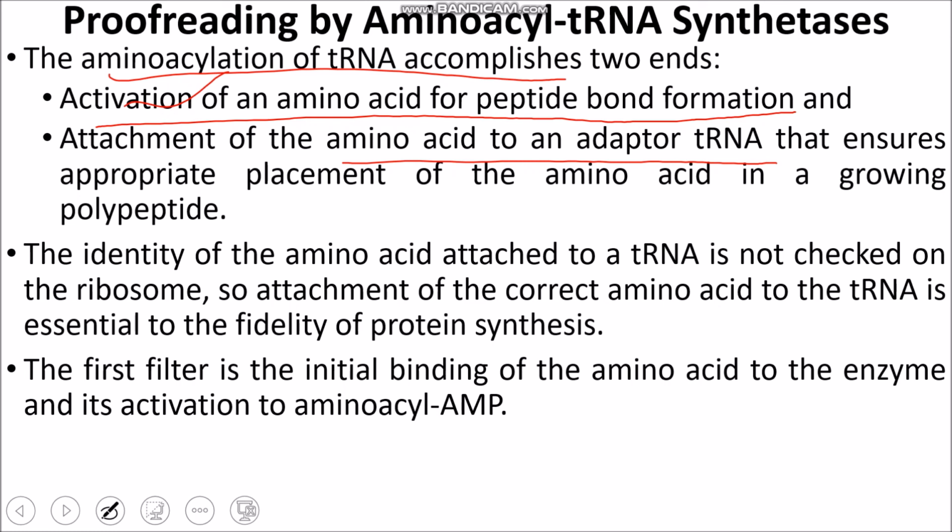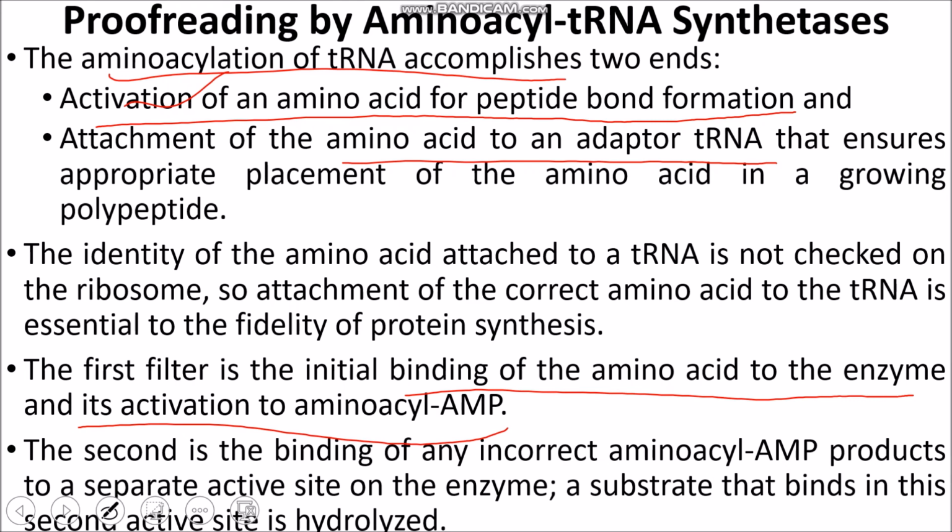The first is binding of amino acid to the enzyme and its activation to aminoacyl AMP in the first reaction of the activation. So the correct amino acid will bind with the correct enzyme. For every amino acid we have a specific enzyme. The first proofreading is done at the enzyme level, where the correct amino acid will react with the correct enzyme.